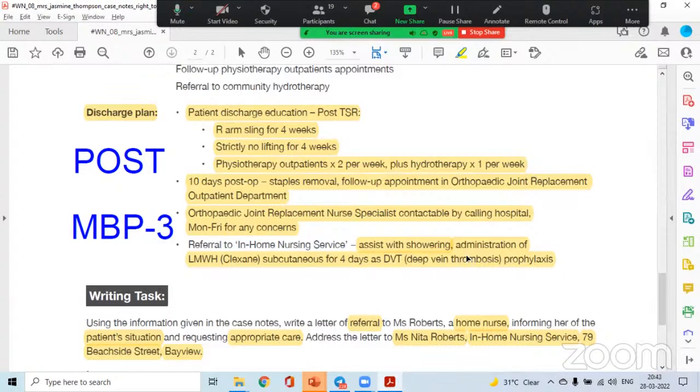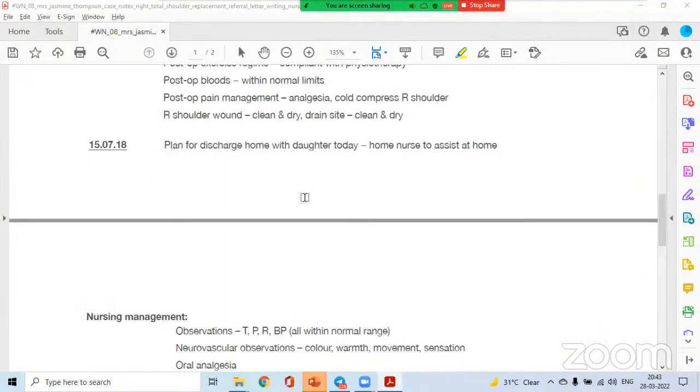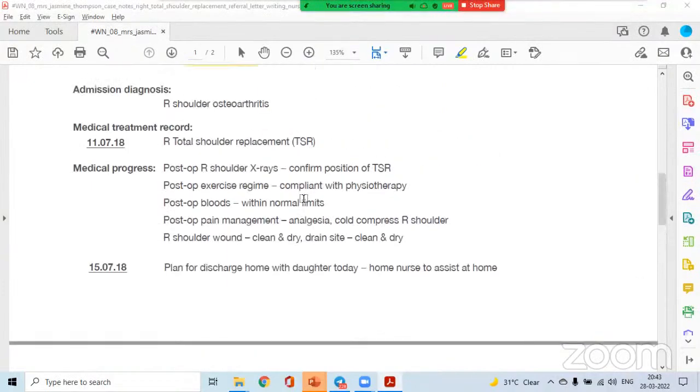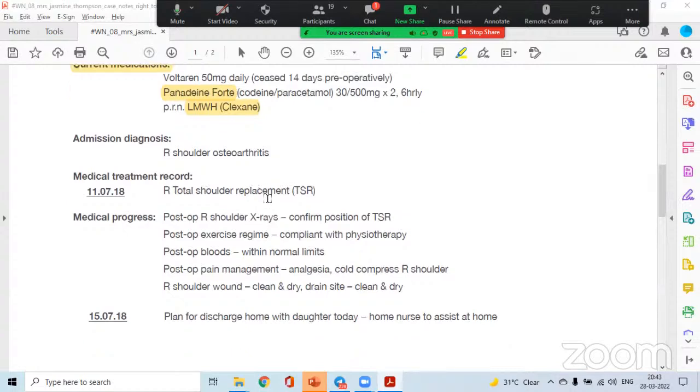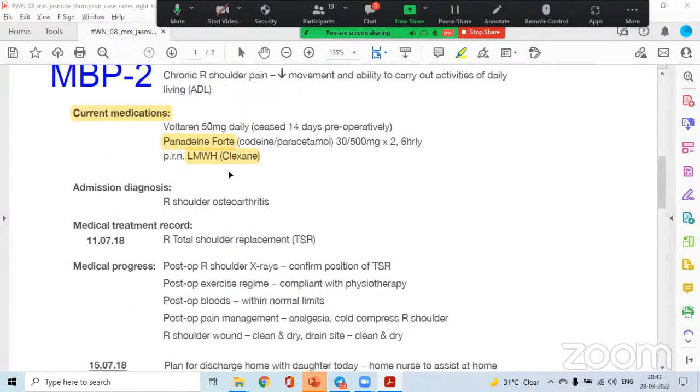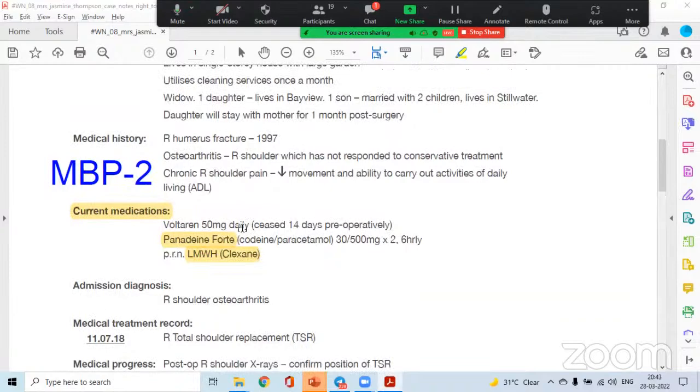So you should relate these things; this is called relevant information. So these are the medications, Panadine Forte and Clexane.